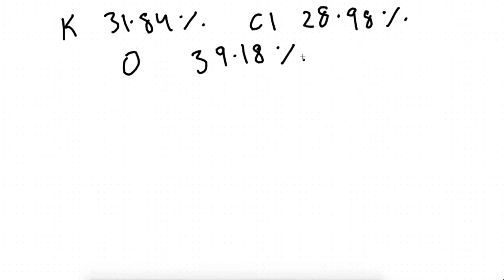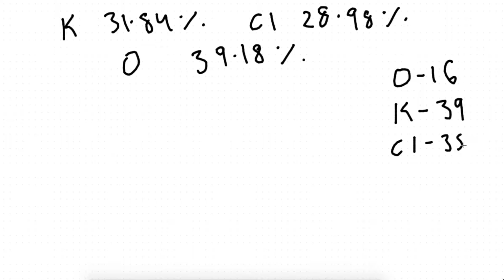And they gave us the relative atomic masses of oxygen, potassium and chlorine. So relative atomic mass of oxygen is 16, of potassium is 39, of chlorine is 35.5. Even if they don't give this to you guys, you know what relative atomic mass is, right? Nucleon number. You can get it from the periodic table.